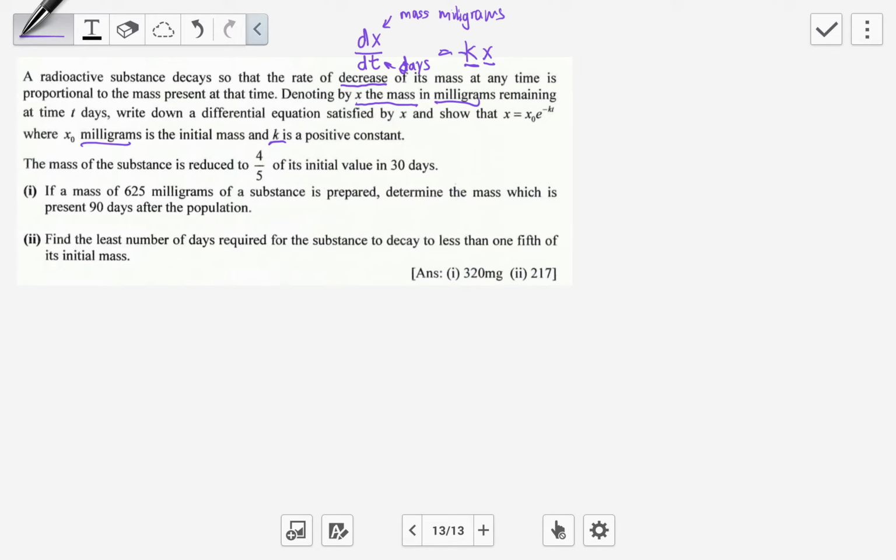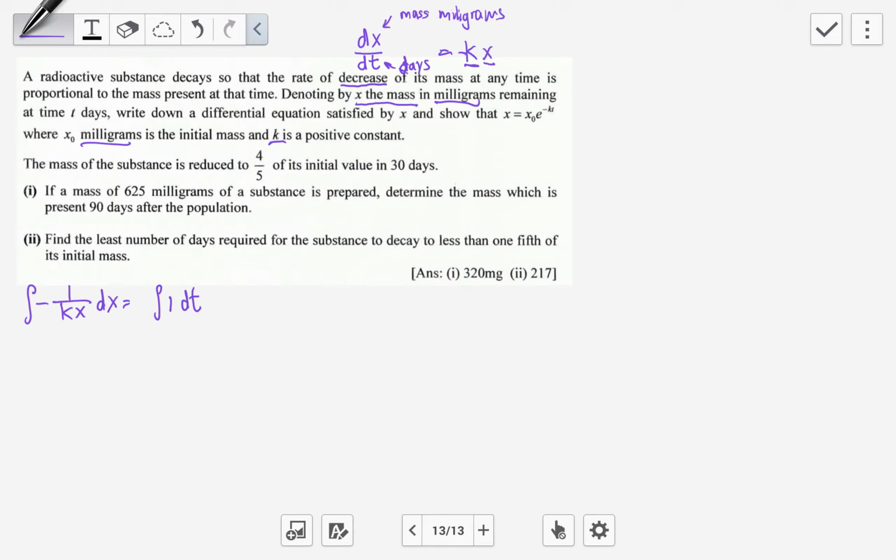Okay, so then we will solve this differential equation by integrating. Let's say we have minus 1 over kx, integrate dx equals integrate 1 dt.